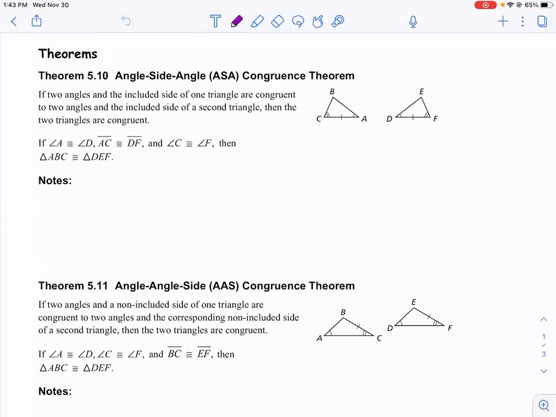We have two more congruency theorems to talk about. They involve angles. Angle, side, angle.